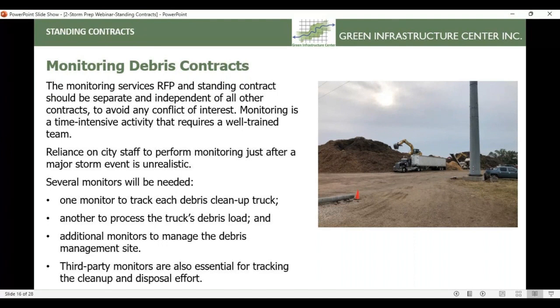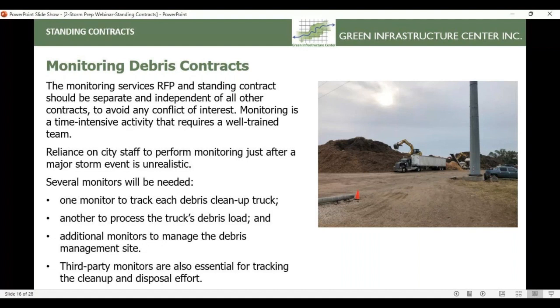They want pictures of the debris piles, and the technology and manpower required to do that would be, to me, overwhelming. And then when you start your recovery process and start doing your hangers and leaners, you're going to need monitors for that as well.